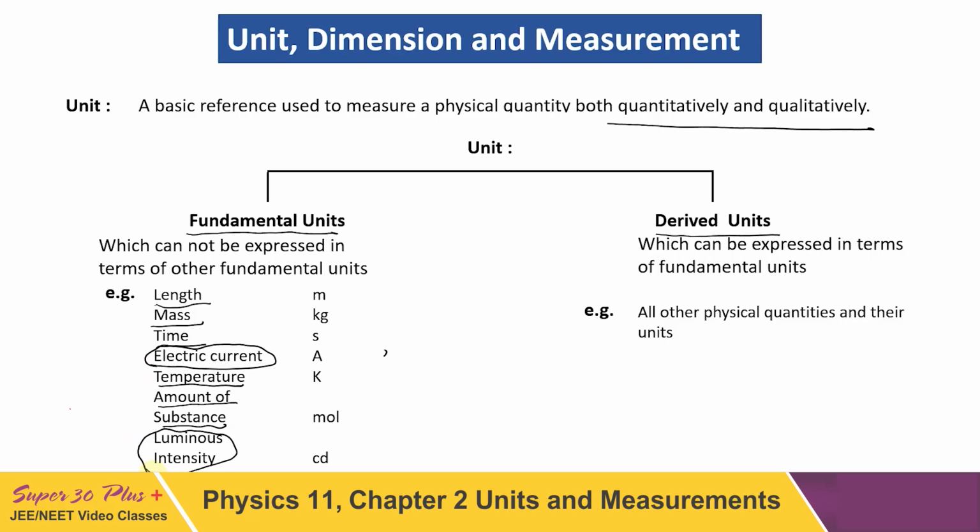It can be defined as rate of flow of charge. The same is with intensity. Now we know that intensity is energy per unit time per unit area. So these two are actually not fundamental units, but conventionally, since when these were defined, from that time it is taken conventionally as fundamental units.